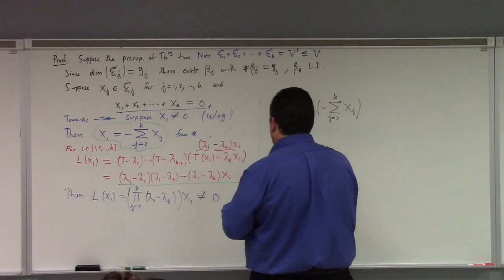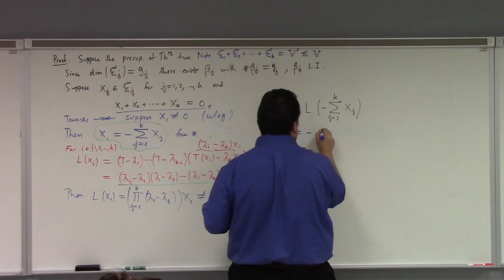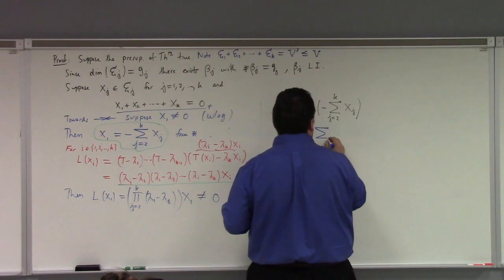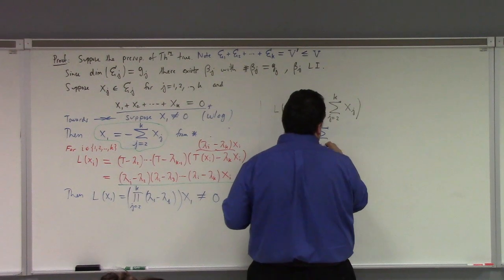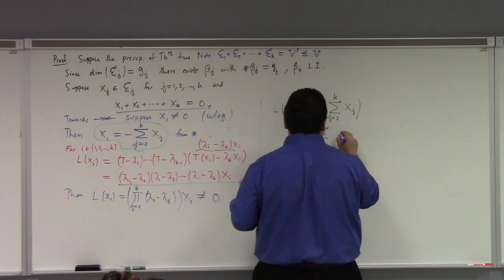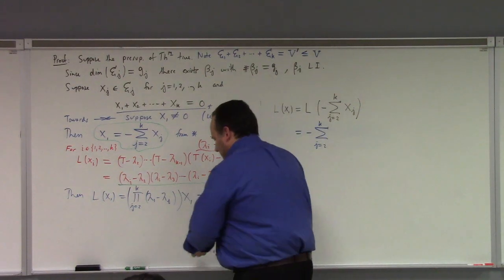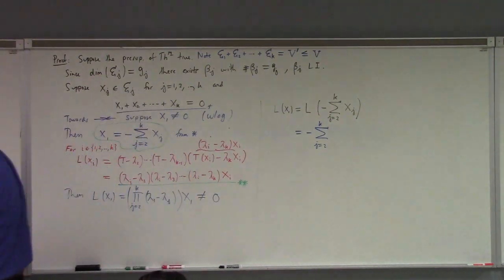But since L is linear, right, we can pull the summation out. 2 to k of, oh, wait a minute. I better follow my notes. I'm going to get into trouble here.